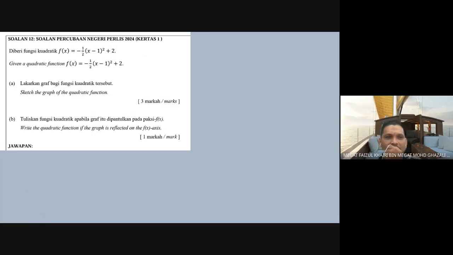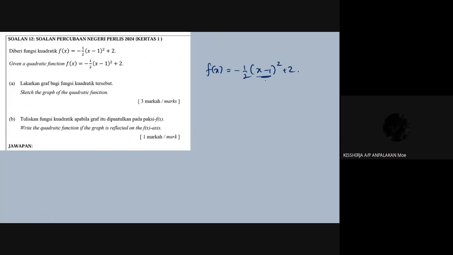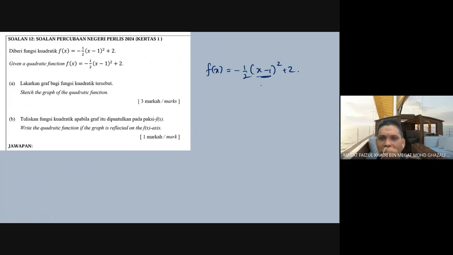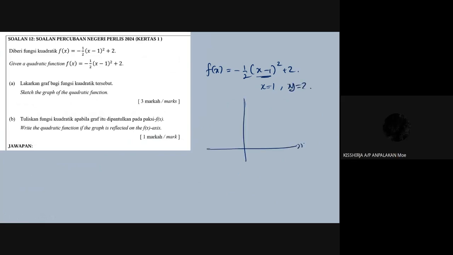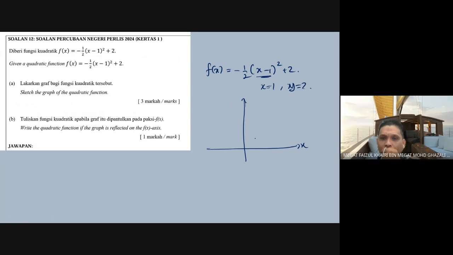Okay. Given the function f(x) equal to negative 1 over 2 (x minus 1) squared plus 2. Sketch the following quadratic function. So this is x equal to 1 and y equal to 2, the point 1 and 2.